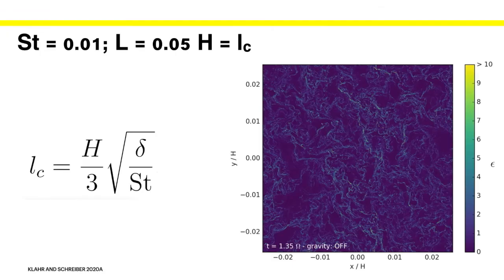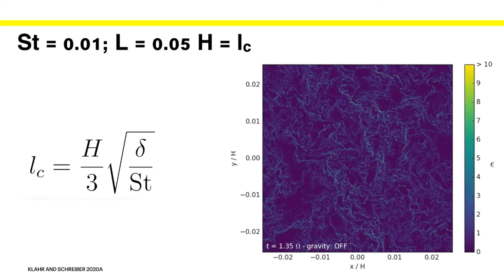And this helped us to formulate a critical length scale for planetesimal formation, scaled on the pressure scale height and based on the streaming instability diffusivity and the Stokes number.